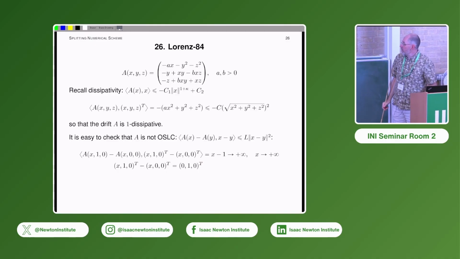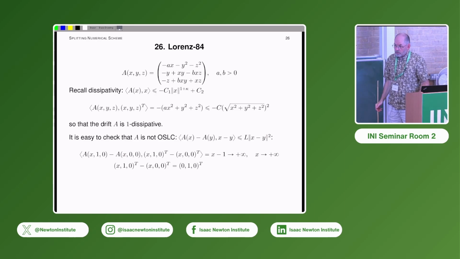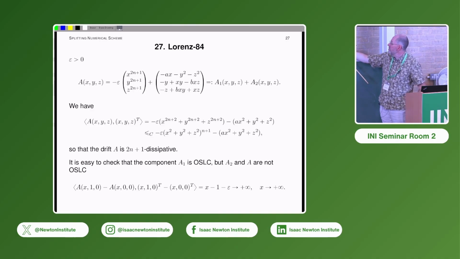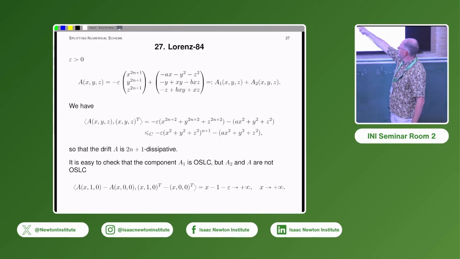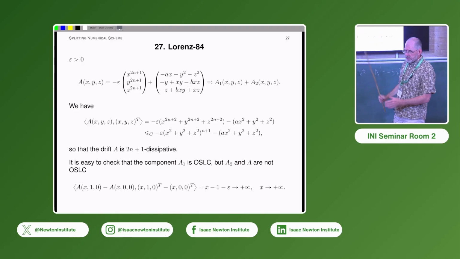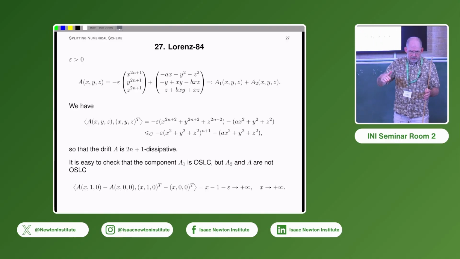So then, of course, you can think, why is it not one-sided Lipschitz? Probably because it's not sufficiently dissipative. So maybe you should add some more dissipativity. And it was our first idea. So we add this term here. And this is coordinate-wise one-sided Lipschitz, and jointly also one-sided Lipschitz.